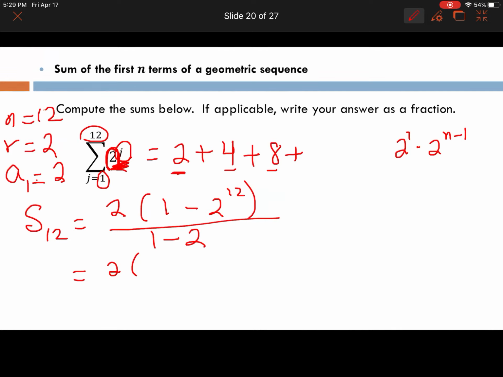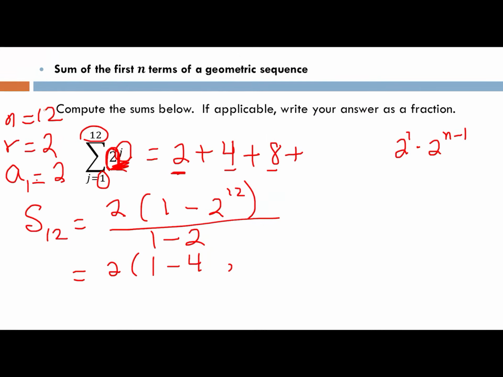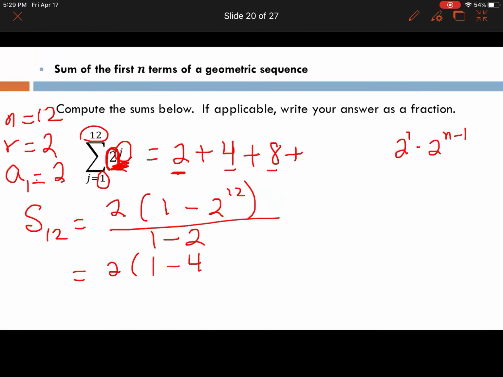That's going to be, oh, that's not that big, 4,096. So it's going to be 1 minus 4,096, and that's going to be over negative 1.